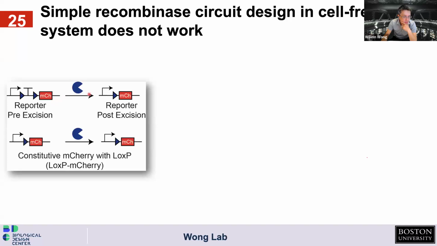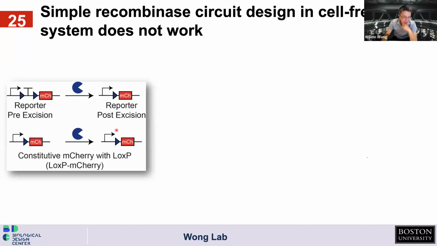In the presence of recombinase, it will excise this transcription termination sequence. Again, these are bacterial transcription termination sequences, but then it will allow transcription to occur, and you see a reporter. Now this thing right here on the bottom is the troubleshooting. We didn't anticipate we would need to troubleshoot a lot.